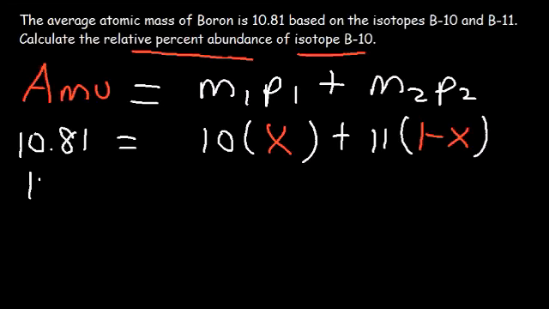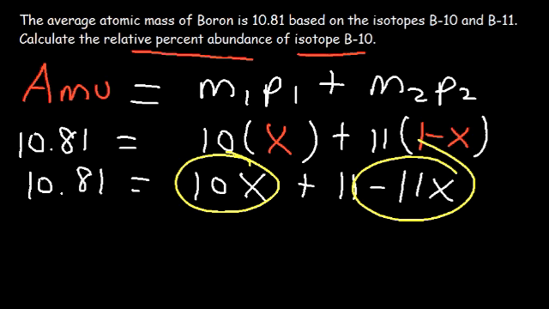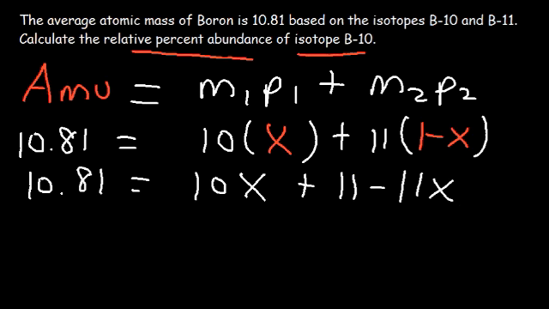So now at this point, let's go ahead and distribute the 11. So we're going to get 11 times 1, which is 11, and 11 times negative X, which is negative 11X. And now let's go ahead and combine like terms. So 10X plus negative 11X, well, that should equal negative 1X. And next, we're going to subtract both sides by 11.